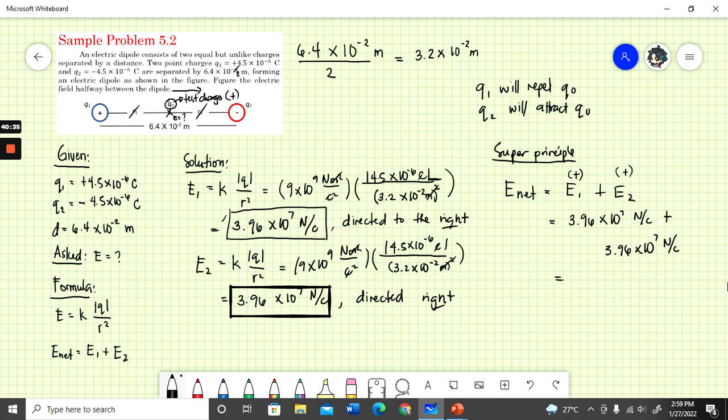If you decide that the direction to the right is negative, you can use a negative. But I decided, since they're going right and right is the positive x, I'm going to use a positive sign. So the total E net is equal to 7.92 times 10 raised to 7 newtons per coulomb directed to the right.